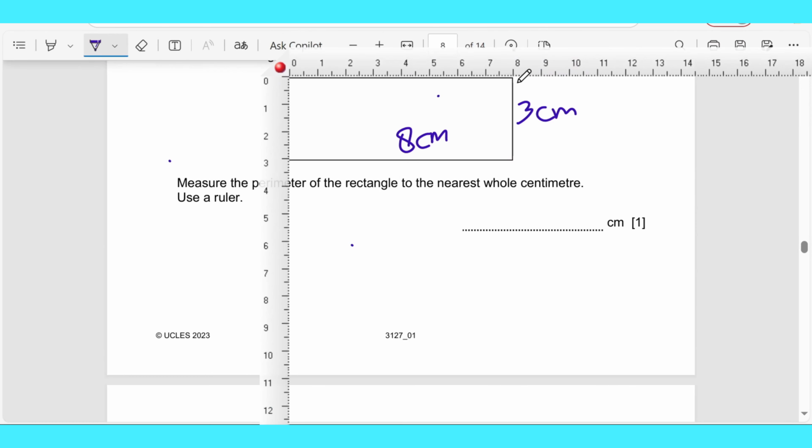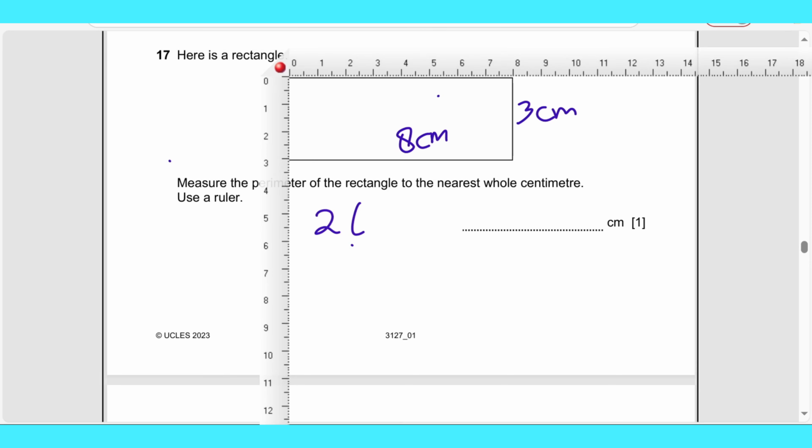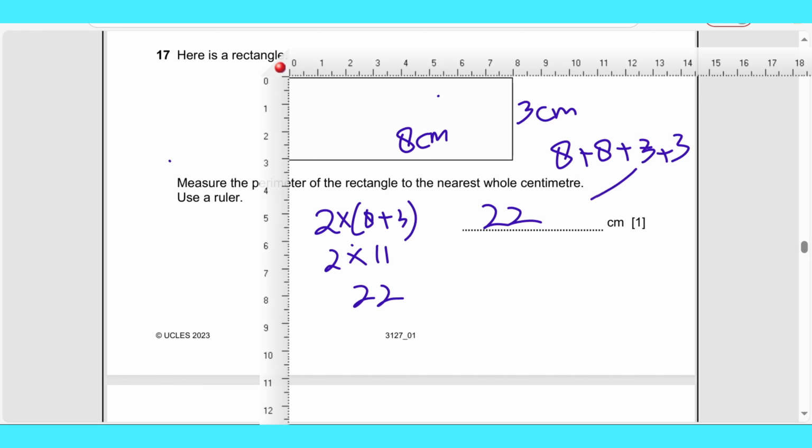We see from here is 8 and here's a 3, so the perimeter will be 2 times 8 plus 3, or 2 times 11, which will be 22. Or you may just simply add 8 plus 8 plus 3 plus 3. That will give us 22 cm as well.